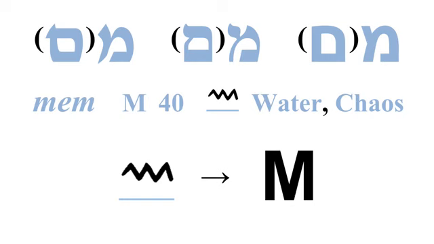If it's the last letter of the word, you use the one in the parentheses. Mem is the zigzagged lines. You can very easily see where we get a letter M from. Mem represents water, and water represents chaos. It's always moving. Okay, so Mem, got it?